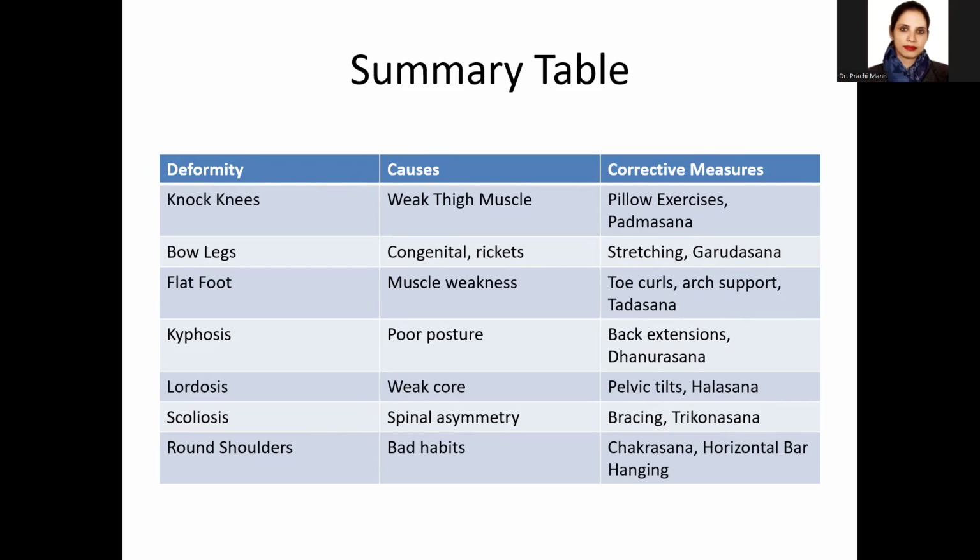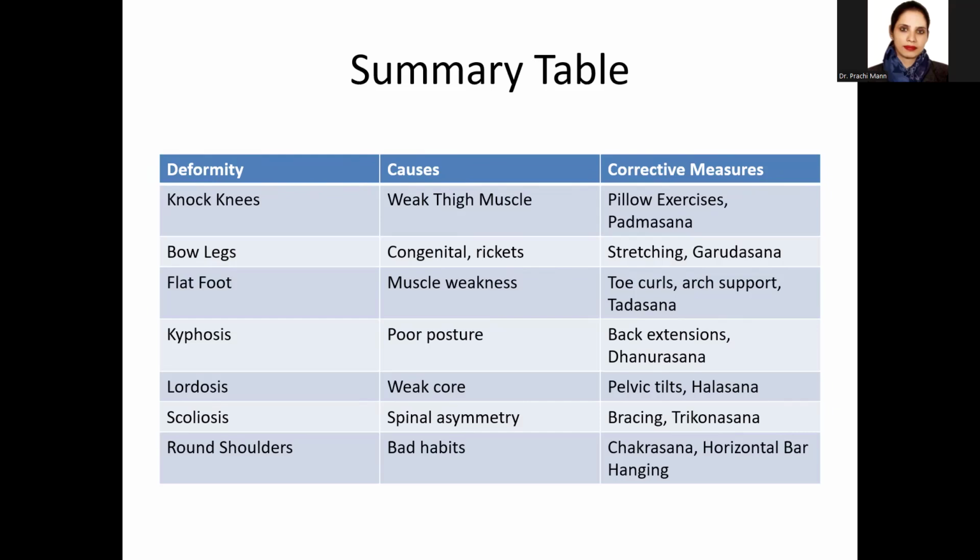Next deformity is flat foot. The causes are obviously muscle weakness, and the corrective measures are toe curls and using arch support, shoes or slippers, sandals, and then performing Tadasana.